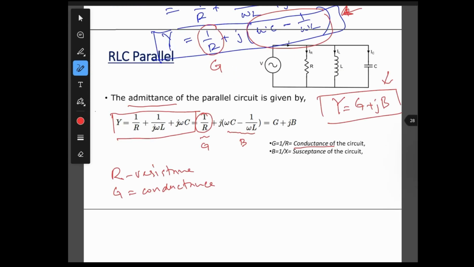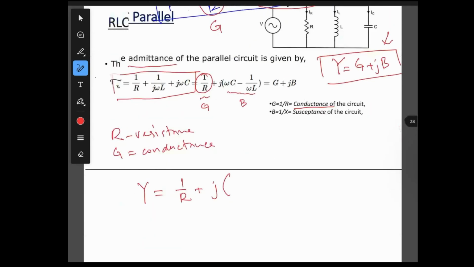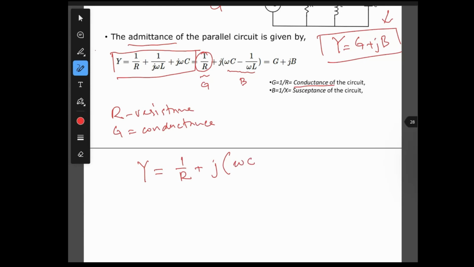Again we have the j part. Now we have Y equal to 1 over R plus j(omega C minus 1 over omega L).